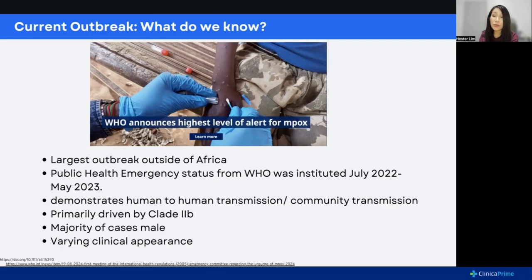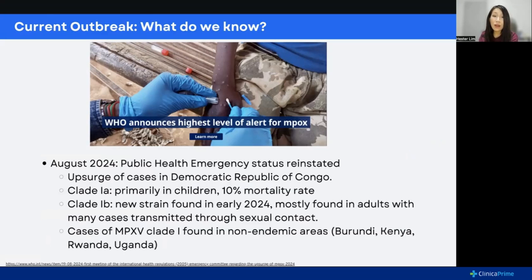They had a majority of male cases and with varying clinical appearances compared to classic Mpox. However, in August 2024, the public health emergency status was reinstated by the WHO. And this was because of the upsurge of cases in the Democratic Republic of Congo, and in fact, a spillover of clade 1A beyond Congo, where it was classically endemic.